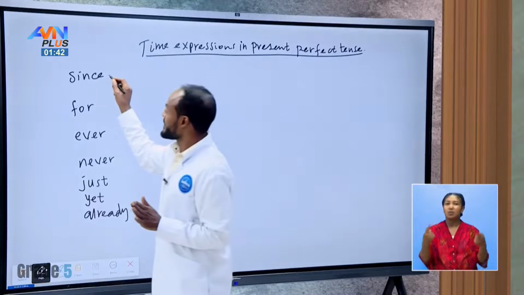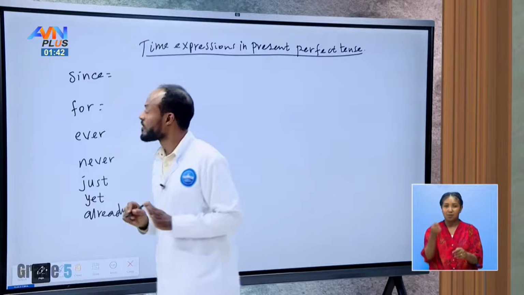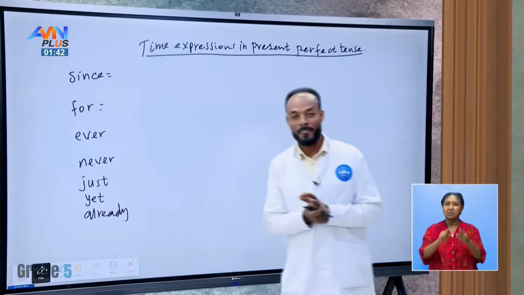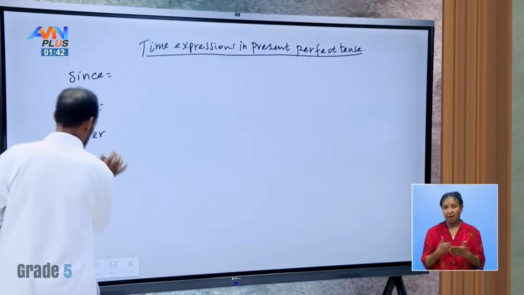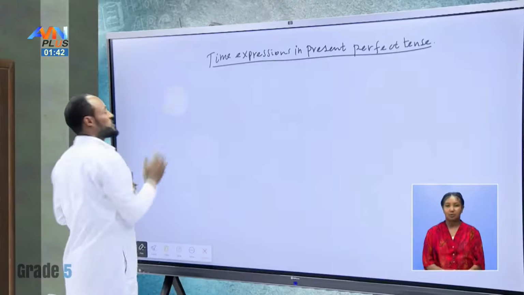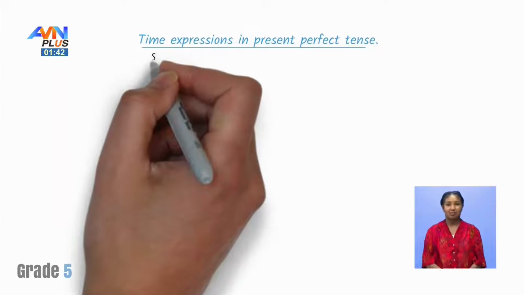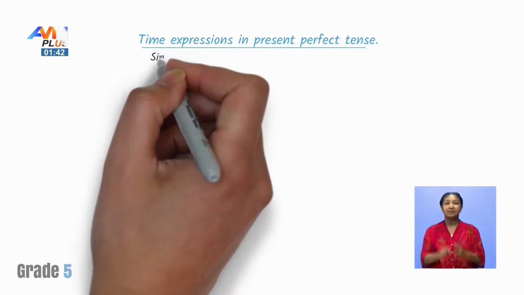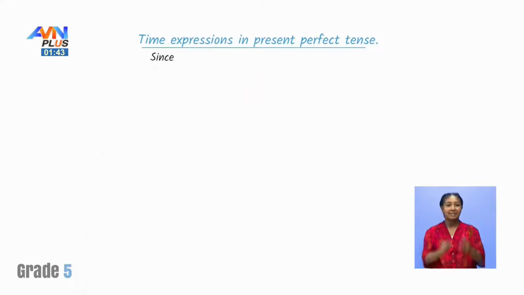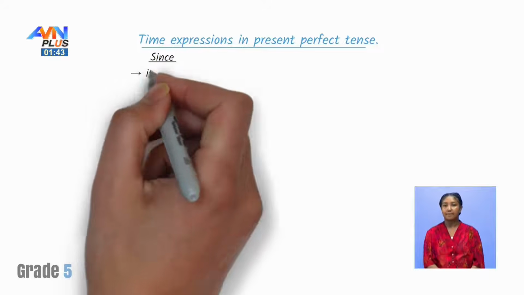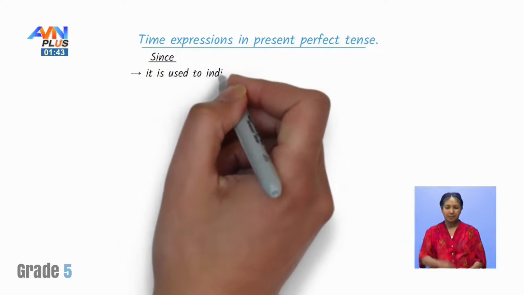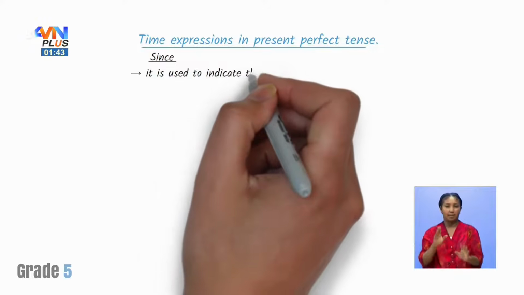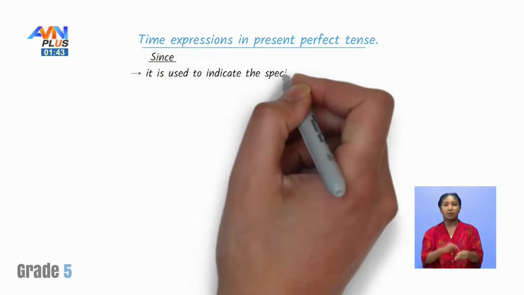So when do we use since and for? What's the difference between them? Here are the points which could be raised, so I want to start from since because it needs great attention. Since is used to indicate a specific time in the past.